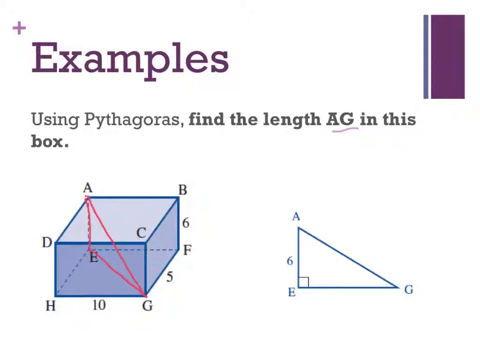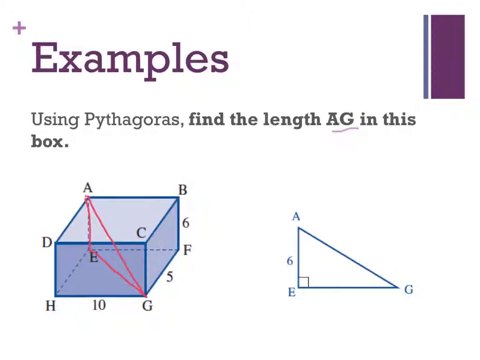Okay, E to G. How could I work out that? Let's have a look at this diagram. E runs to G there. Are there any other right-angled triangles that have that same common side, E to G? Are there any other right-angled triangles in this diagram that also share that same side?